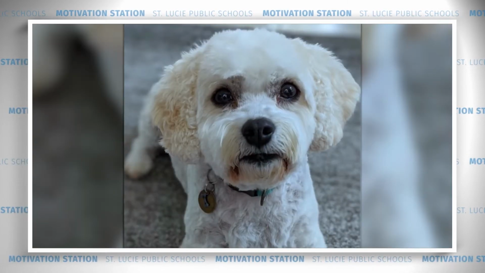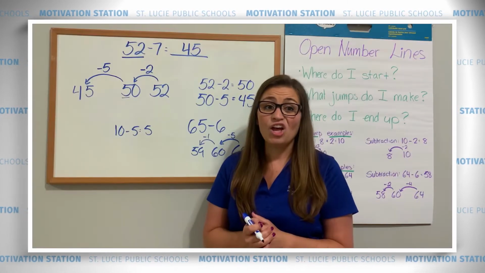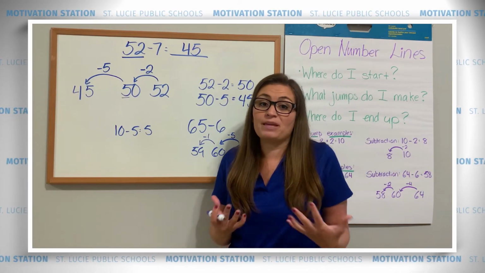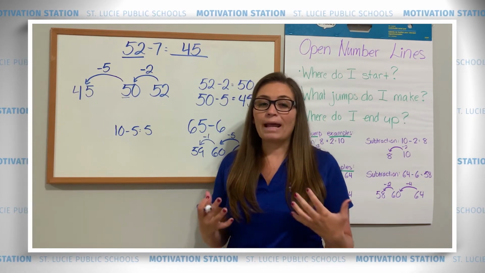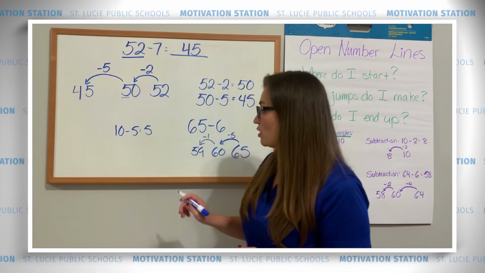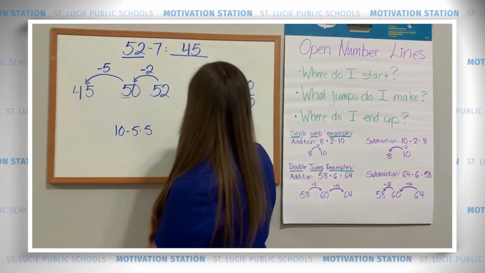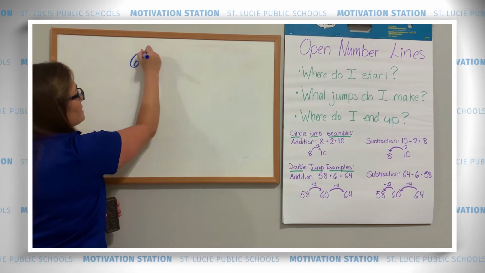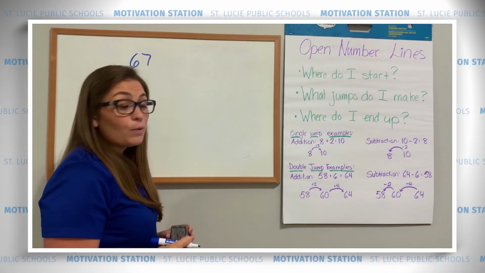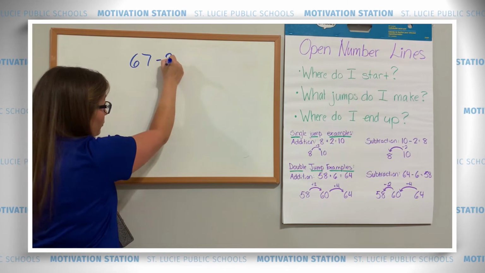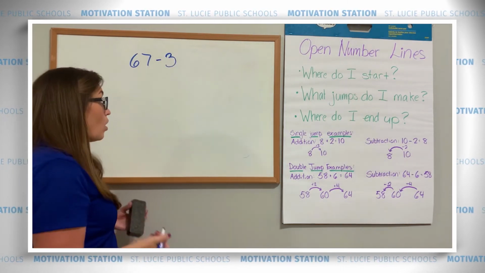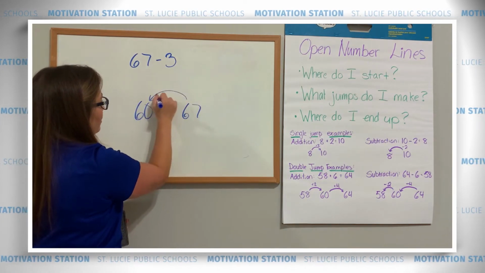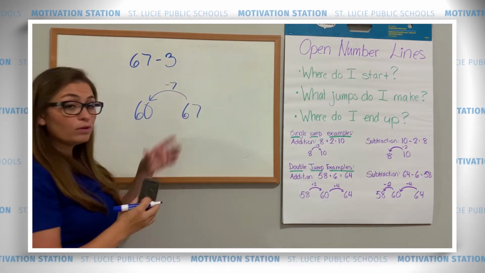Do I always need to go to the next 10 down? No, actually, this strategy is great when you have to subtract beyond the 10s you start with. What I mean is if you were to start with 67, but you only needed to take away 3, to go all the way down from 67 to 60 would mean taking away 7, and that would be too many.